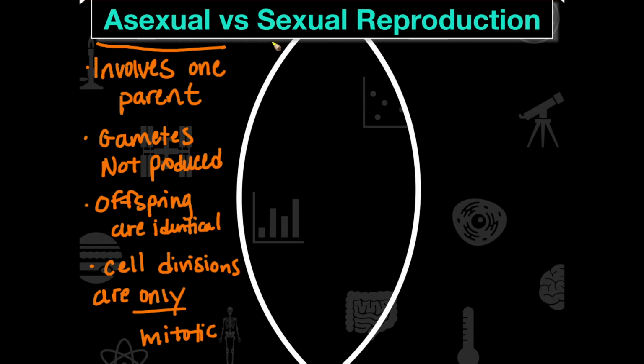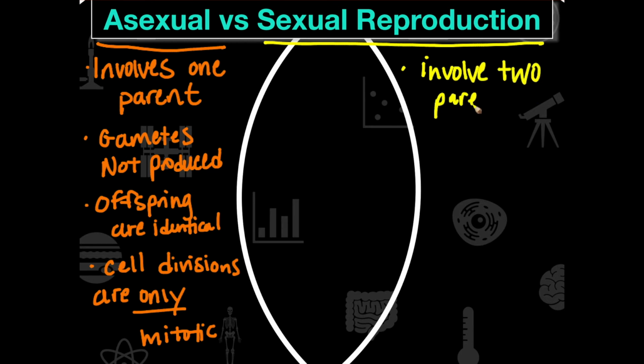Now, if we look at sexual reproduction, we'll do this one in yellow. Well, sexual reproduction is going to involve two parents. So it's going to involve two parents in order to produce that offspring. There are gametes involved. So gametes, sexual cells, are going to be produced.